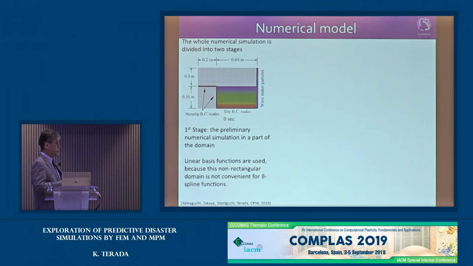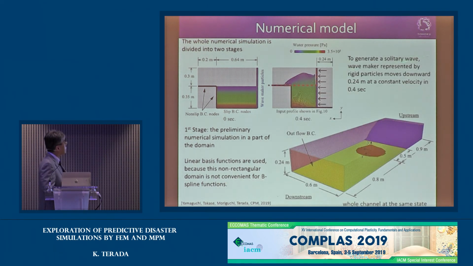In order to simulate this experiment, the whole numerical simulation is divided into 2 stages. At the first stage, the preliminary numerical simulation is conducted in this region here. In the first stage, we utilize the linear basis function because the non-rectangular domain here is not convenient for the B-spline function.